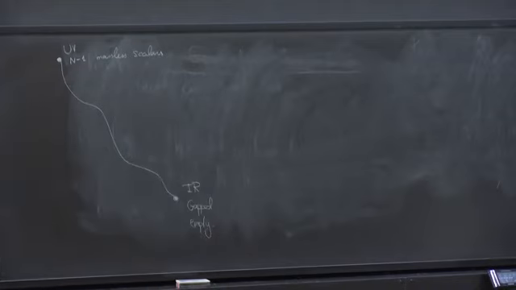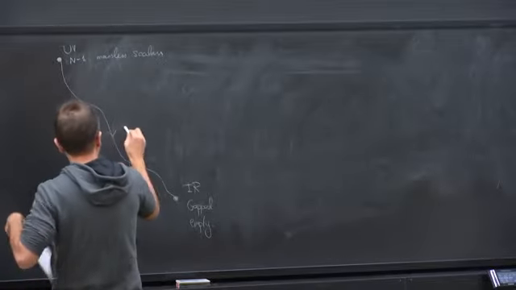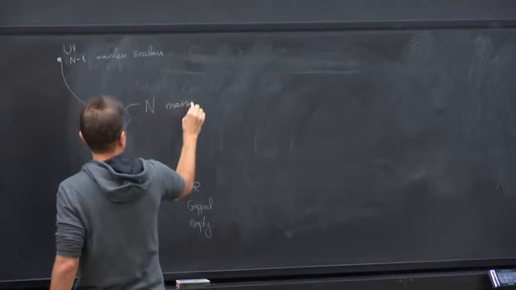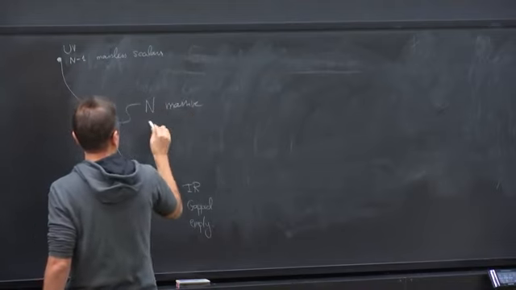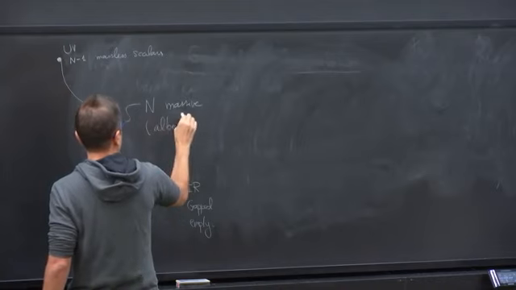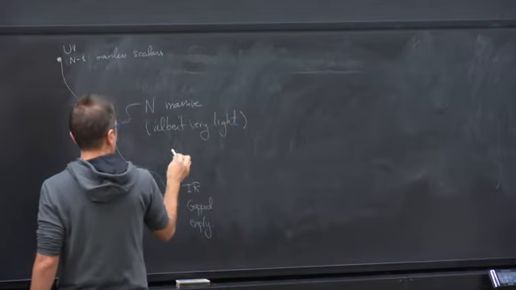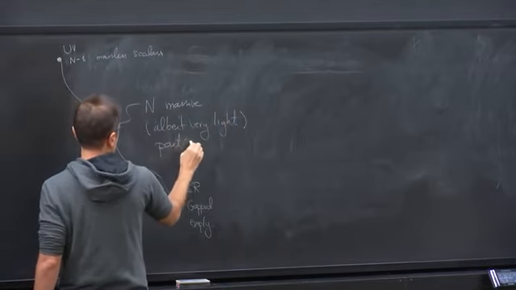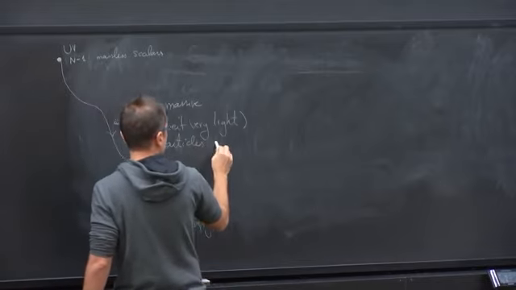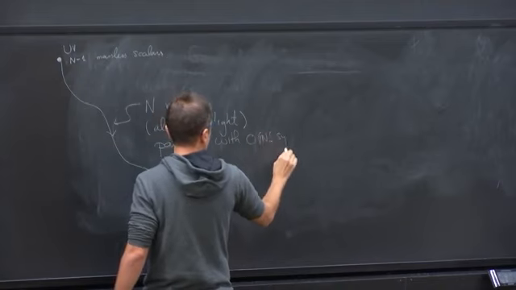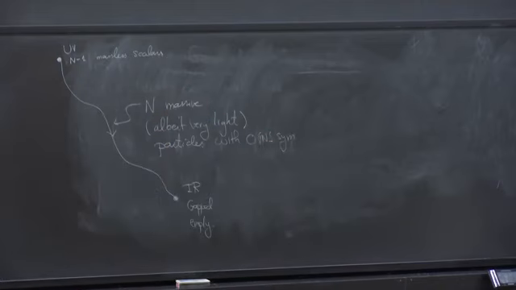Because everyone has mass. And along the flow, what we have is N massive, of course very light, particles with O(N) symmetry. Right? Particles which carry an index of O(N) symmetry, a vector index of O(N) symmetry.